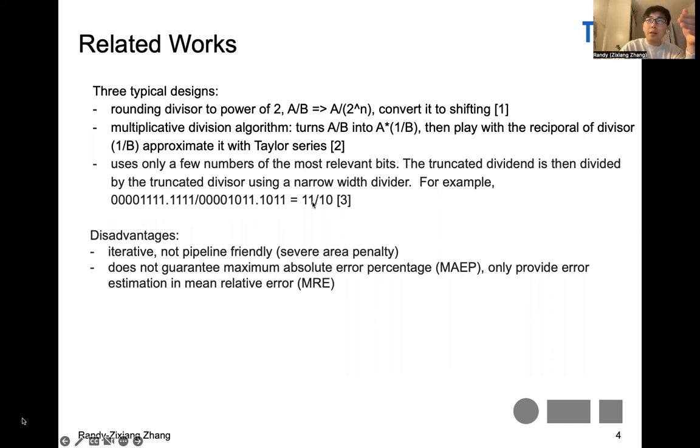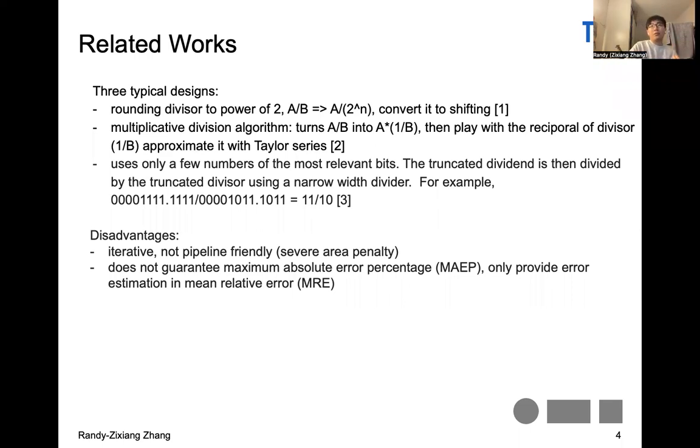As an extreme example, we can just abandon the other bits and keep only the most significant bits. So this has been shortened to just 11 divided by 10. This is obviously an extreme demonstration of how this works.